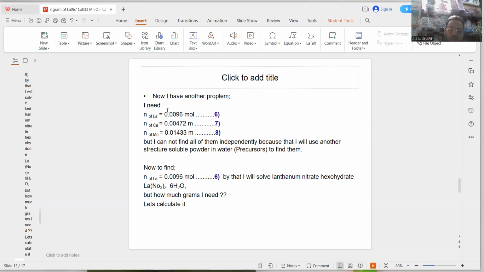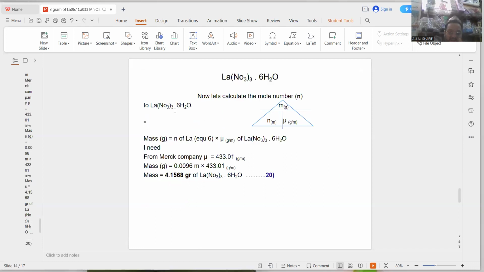Now let's talk about equation 6. The mole number I need of lanthanum is 0.00696. By that, I will dissolve lanthanum nitrate hexahydrate in water. I will use lanthanum nitrate hexahydrate to find the specific amount of lanthanum, 0.0069 mole. But how much do I need from this powder? Let's calculate it by using the same triangle.